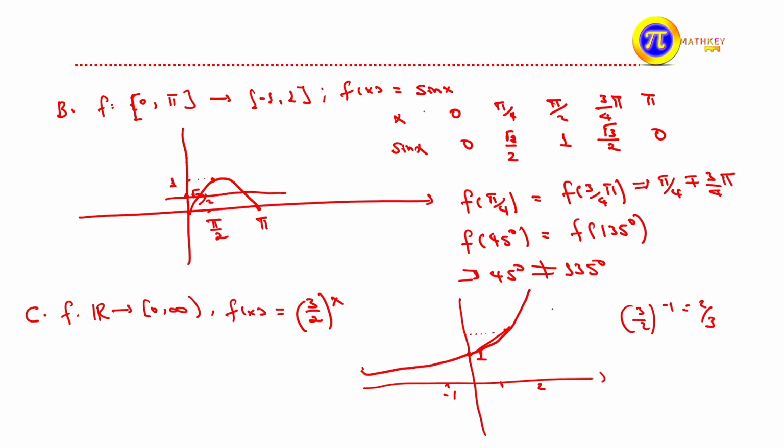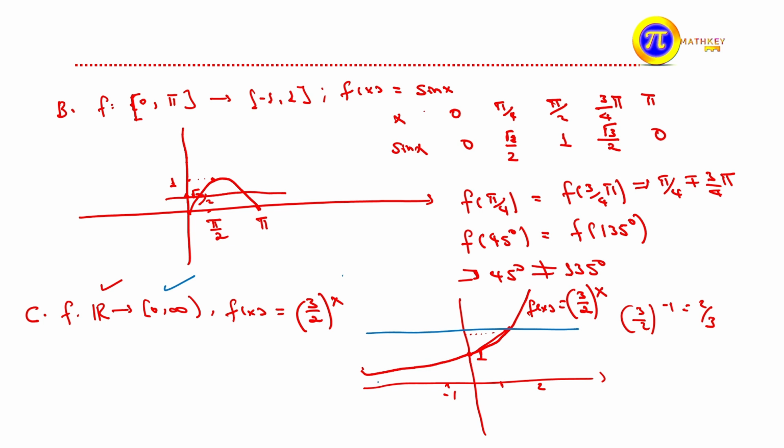ግራፋችን ይሄን ይመስላል. This is the graph of f of x equals 3 over 2 to the power of x. እዚህ ጋር what is the domain of this exponential? Yes, the set of real numbers. It is correct. And if we draw any horizontal line, it never crosses at two different places, so it is 1 to 1. But in the case of the range, this value cannot be 0.